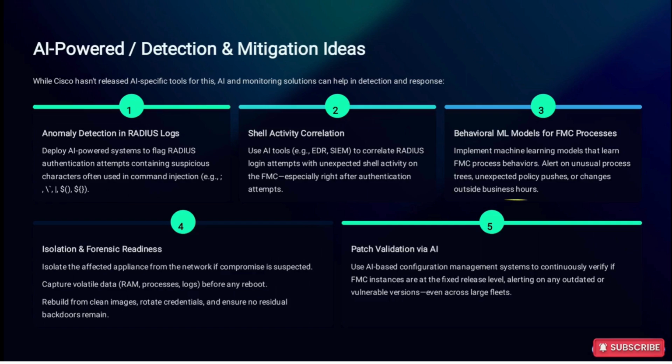Use an AI-based configuration management system to continuously verify whether FMC instances are at the fixed release level. It will alert on any outdated systems or vulnerable versions across large data sets or large fleets.